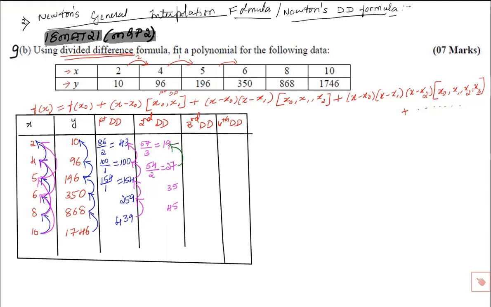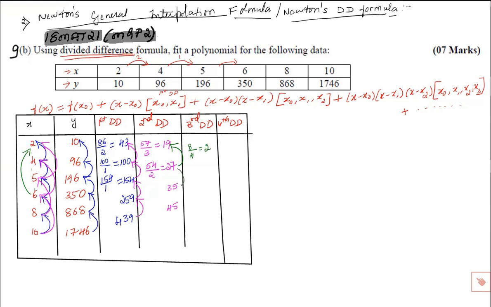Next, the third divided difference. 27 minus 19, that is 8, divided by 6 minus 2. You should consider this length, correct? Previously 2, now 3 interval lengths, that is 6 minus 2 is 4. So the answer is 2.